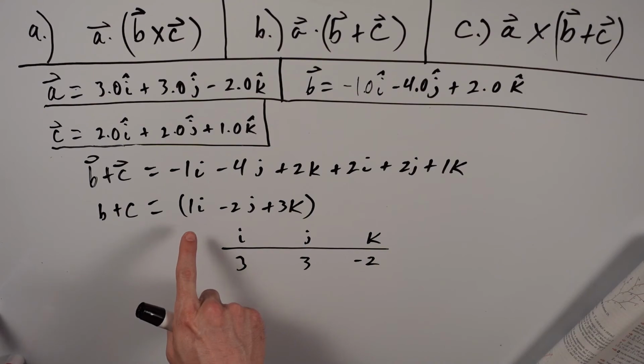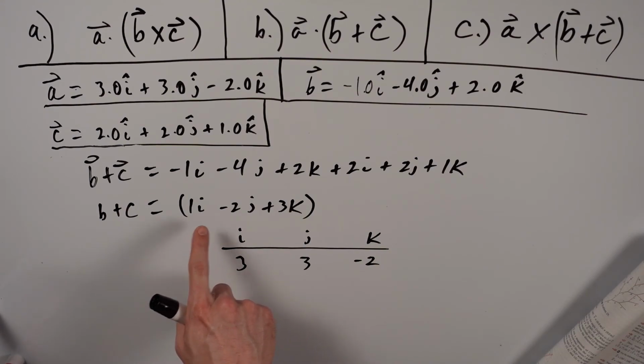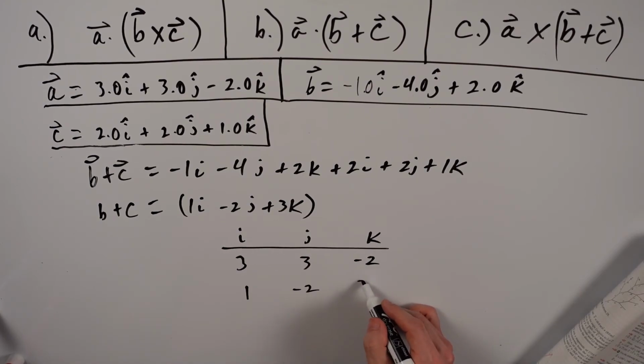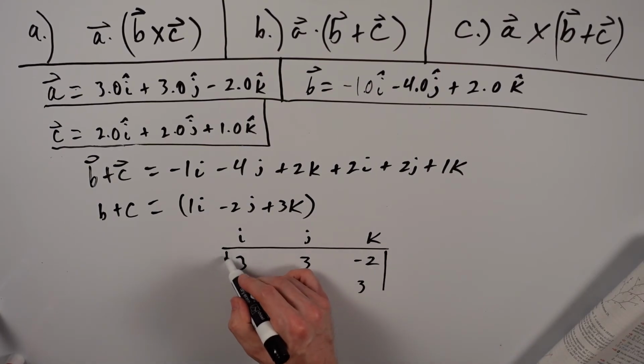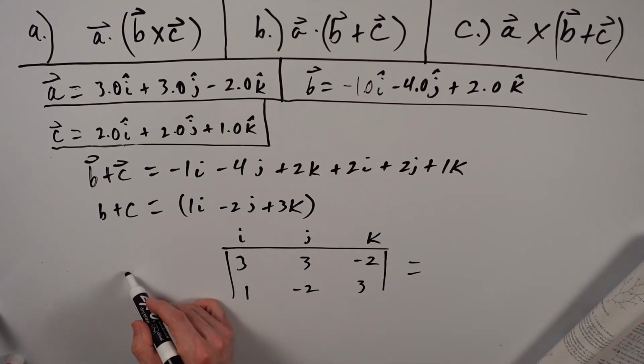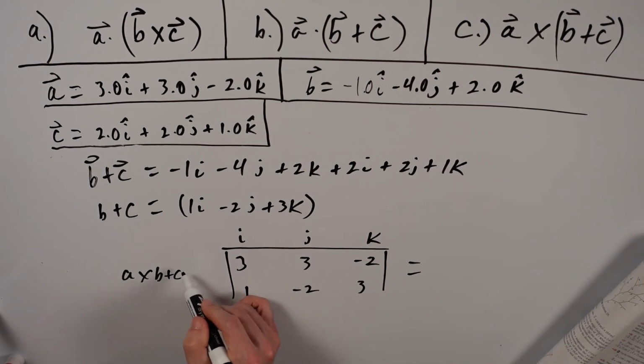And then we're going to use B plus C, which is right here. So you use 1, negative 2, 3. And so this is A cross B plus C.